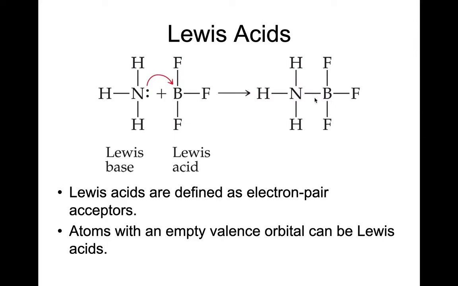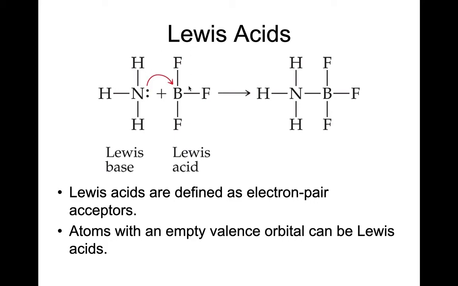In either case, the boron was the one accepting extra electrons. The nitrogen, before and after, doesn't have any more or less electrons. It's the boron that changed. The boron had its incomplete octet, and it accepted that electron pair. The nitrogen is the one donating or sharing its electron pair.